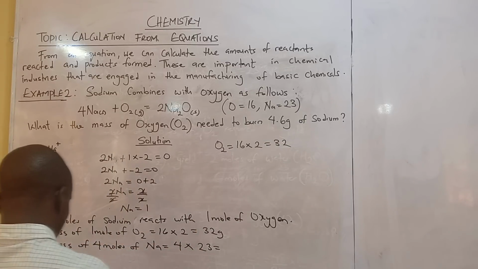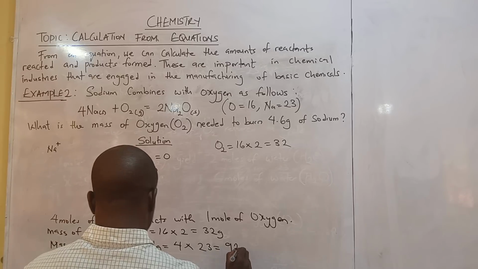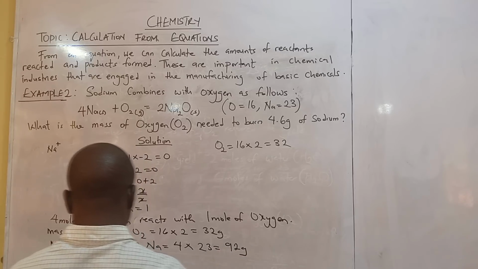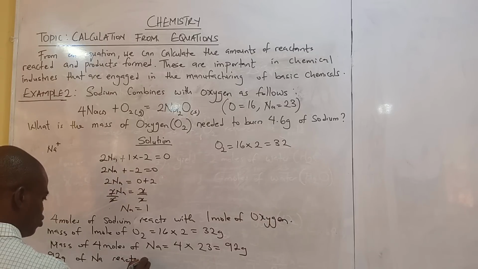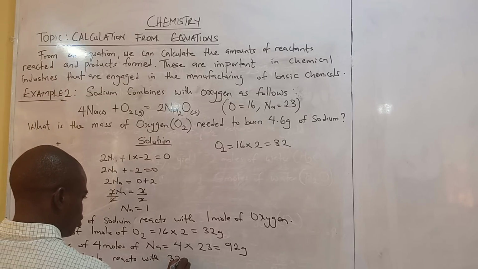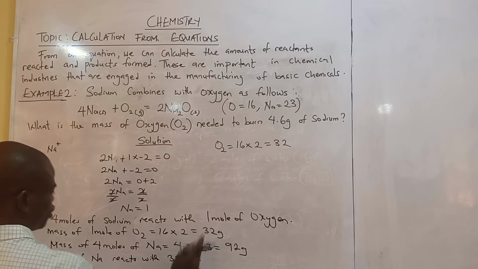When you press your calculator, you have 92 gram. Okay, now say 92 gram of sodium reacts with 32 gram of oxygen.